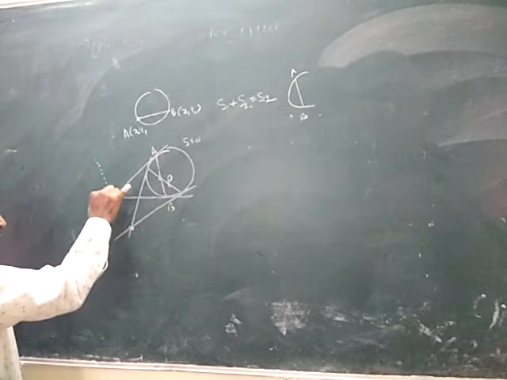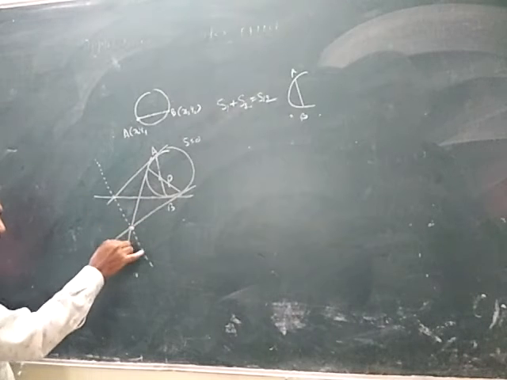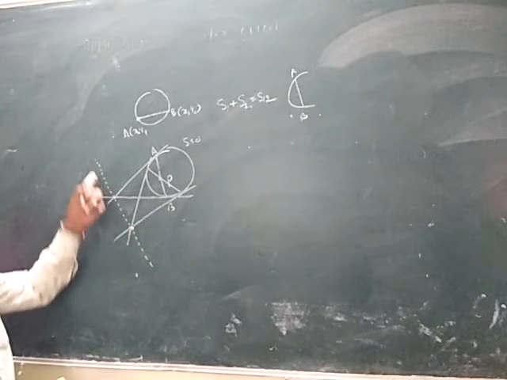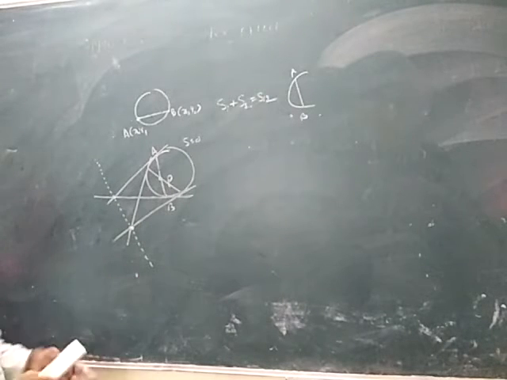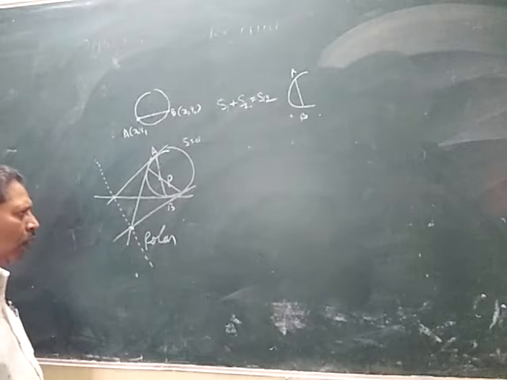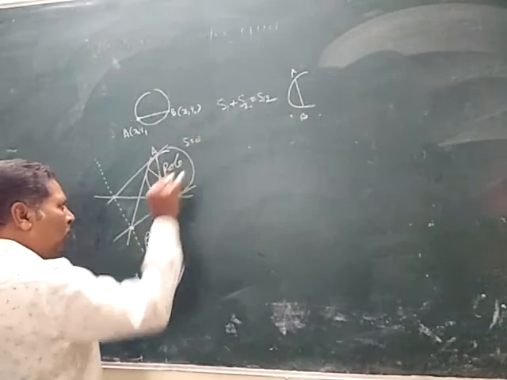So there are a number of points like this one, this one. They lie on a straight line. This line is called a polar. This point is called a pole.